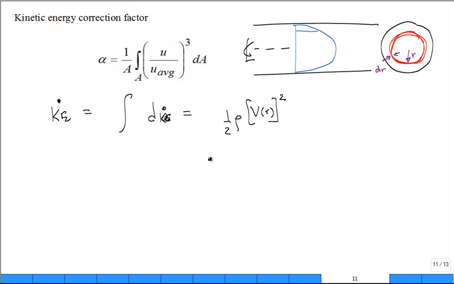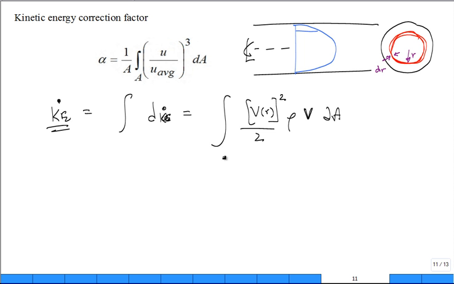Well, hold it, put it over 2. Isn't that the specific kinetic energy? That's the kinetic energy per unit mass, multiplied by the mass flow rate, which is rho times the area times the velocity at that location. So now I can integrate that over the area, and that will give me the total kinetic energy flow rate.